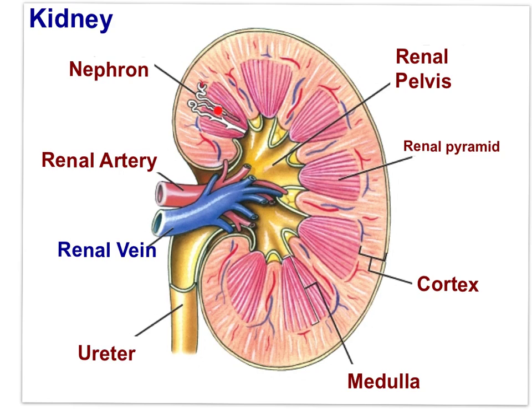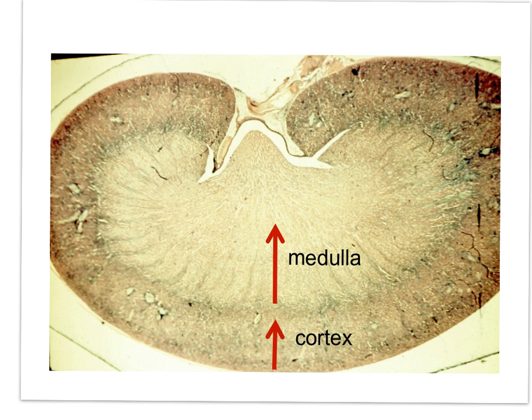Only the loop of Henle and the collecting duct dip down into the medulla, and you can see how the collecting duct empties urine into the pelvis, leading to the ureter, leading to the bladder. Now these lines we see here, called renal pyramids, represent the thousands and thousands and thousands of loops of Henle and collecting ducts.